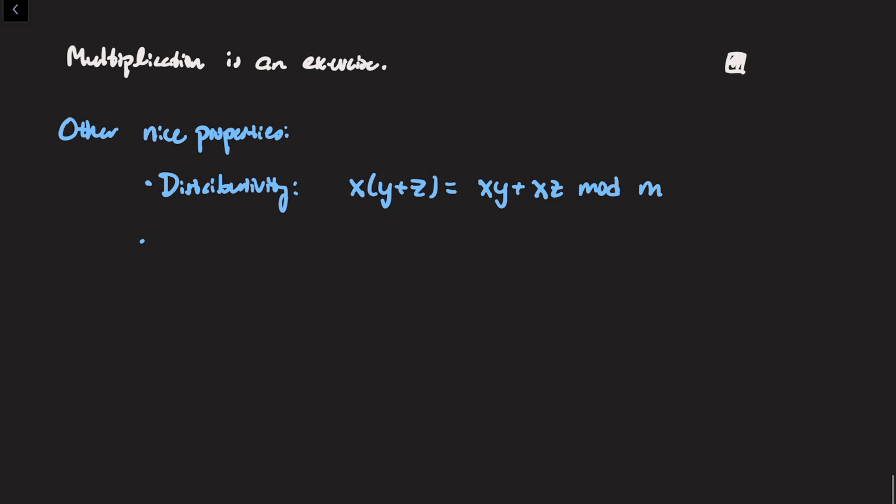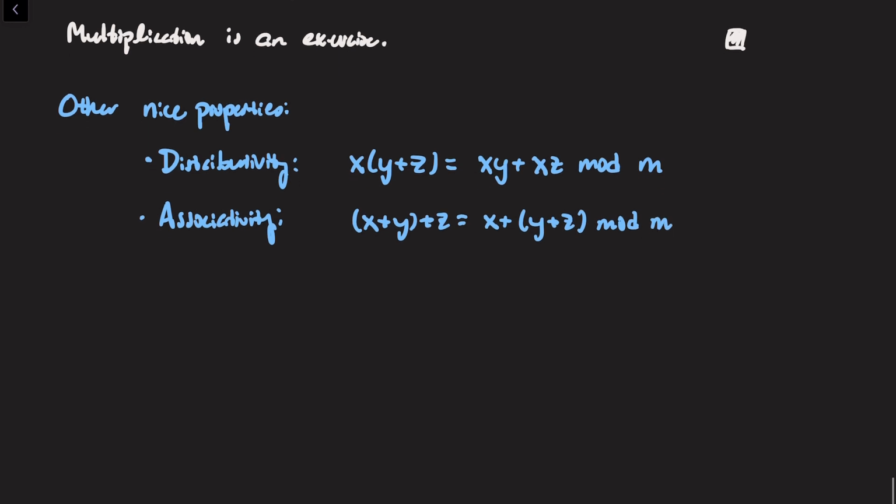We also have stuff like associativity. And this is just that we can rearrange parentheses in this equality. And I think it's also important to note that the identity elements carry over.